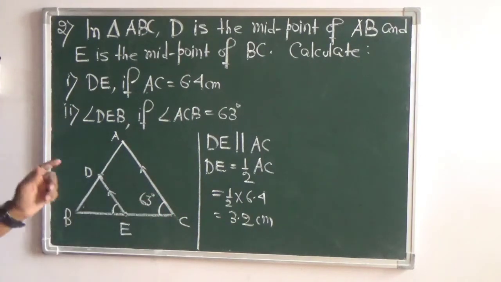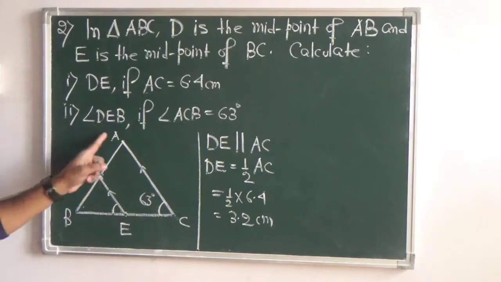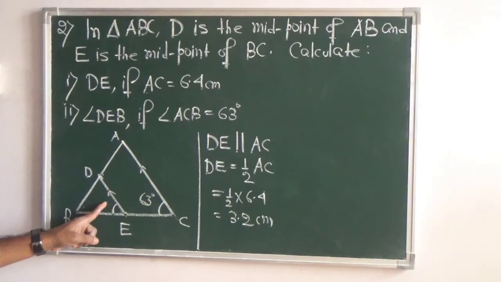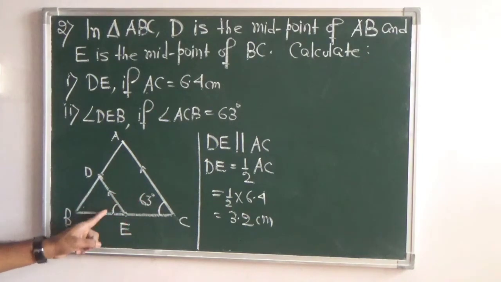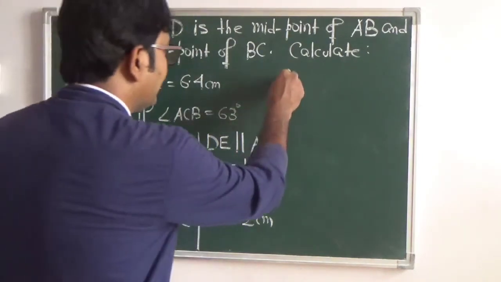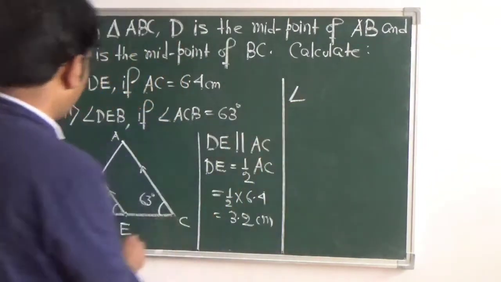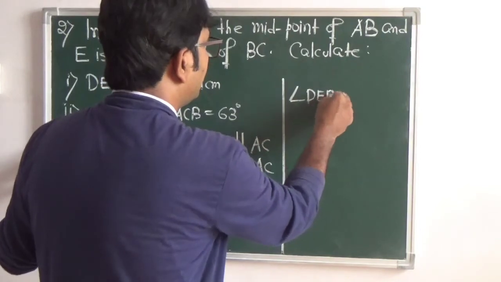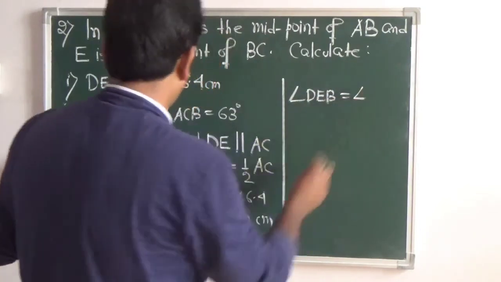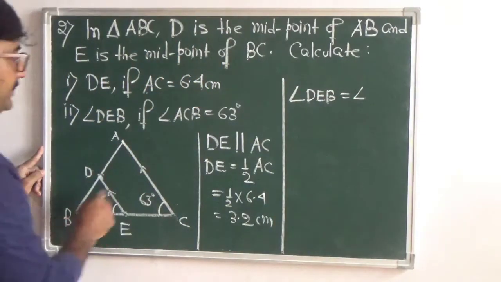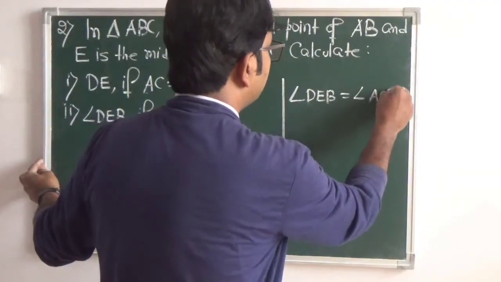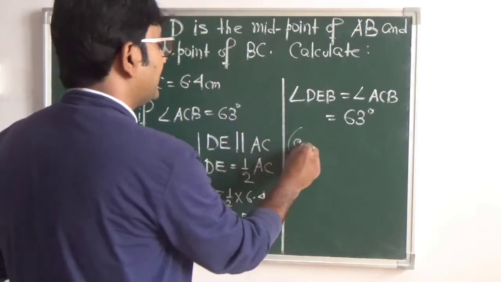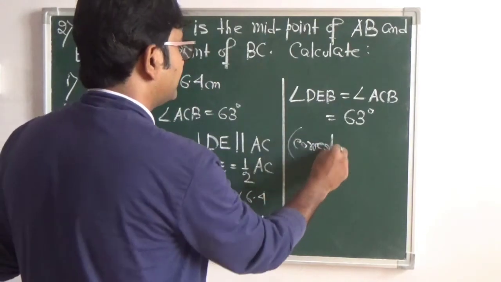By the midpoint theorem we know that DE is parallel to AC. So if this angle is 63, this angle will also become 63, because they are corresponding angles. So we can write angle DEB is equal to angle ACB is equal to 63 degrees, and in brackets you write corresponding angles.